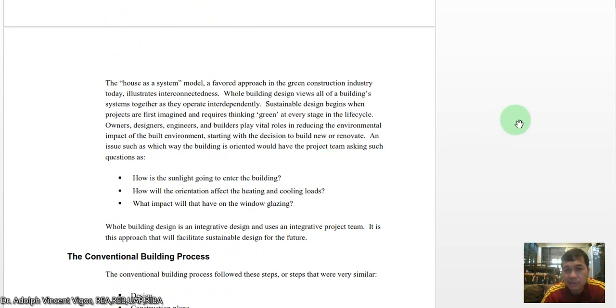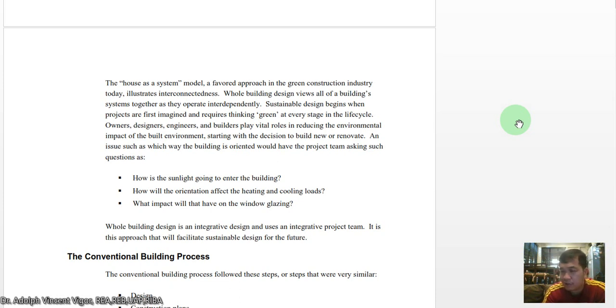So the house as a system model is a favorite approach in the green construction industry. Whole building design views all of a building's systems together as they operate interdependently. Sustainable design begins when projects are first imagined and requires thinking green at every stage in the life cycle.